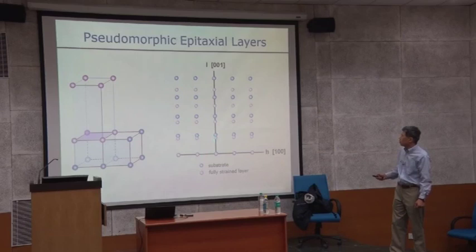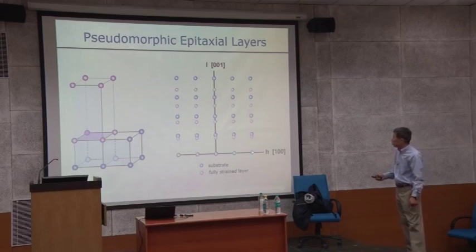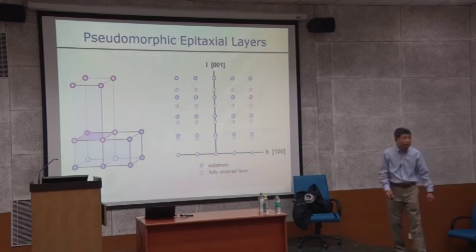This is 1, 0, 0, 2, 0, 0, 3, 0, 0, 4, 0, 0 along the H value, and 0, 0, 1, 0, 0, 2 along the L value.